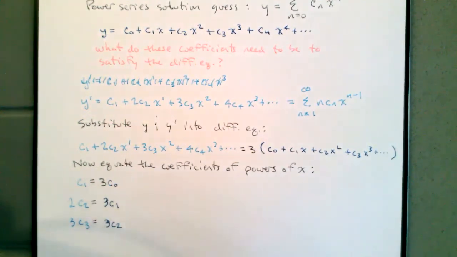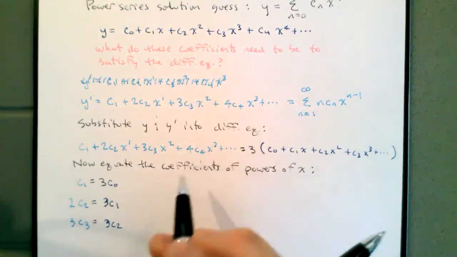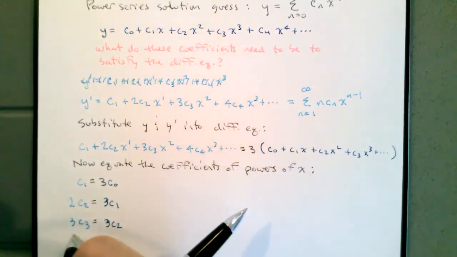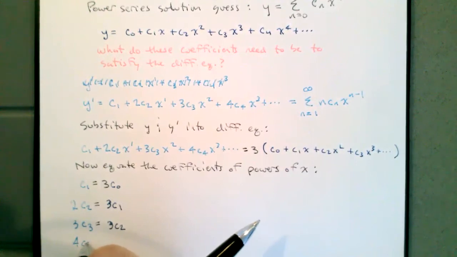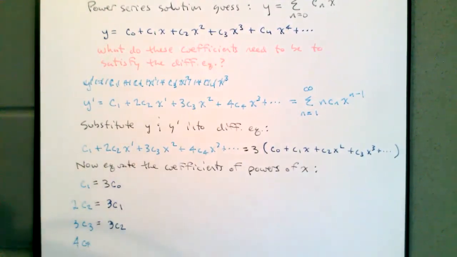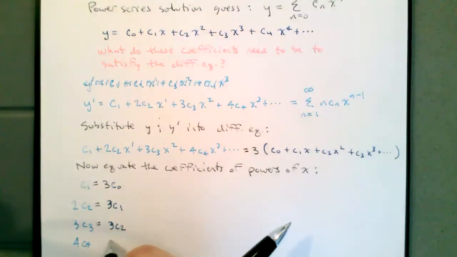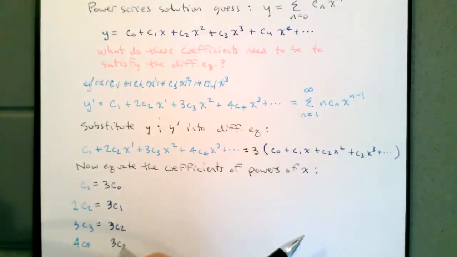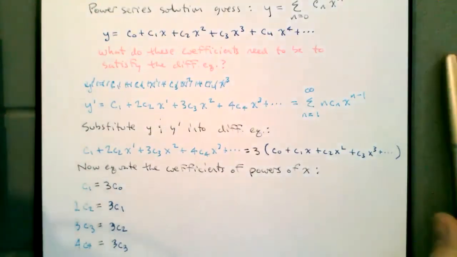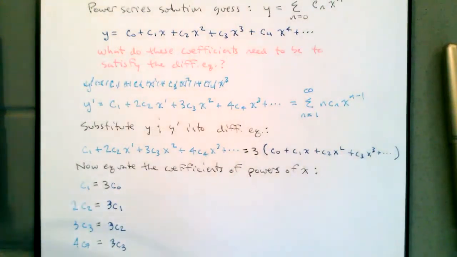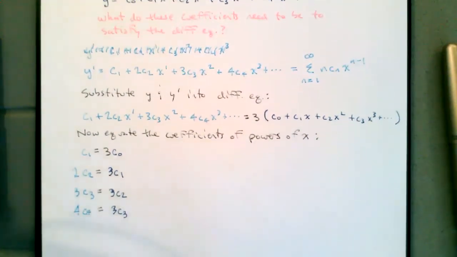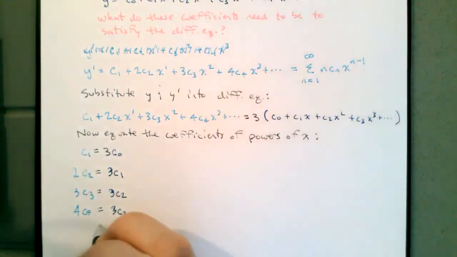The coefficient of x cubed on the left is 4c4, and the coefficient of x cubed on the right is 3c3. And this would keep going. If we needed more, we can keep going.